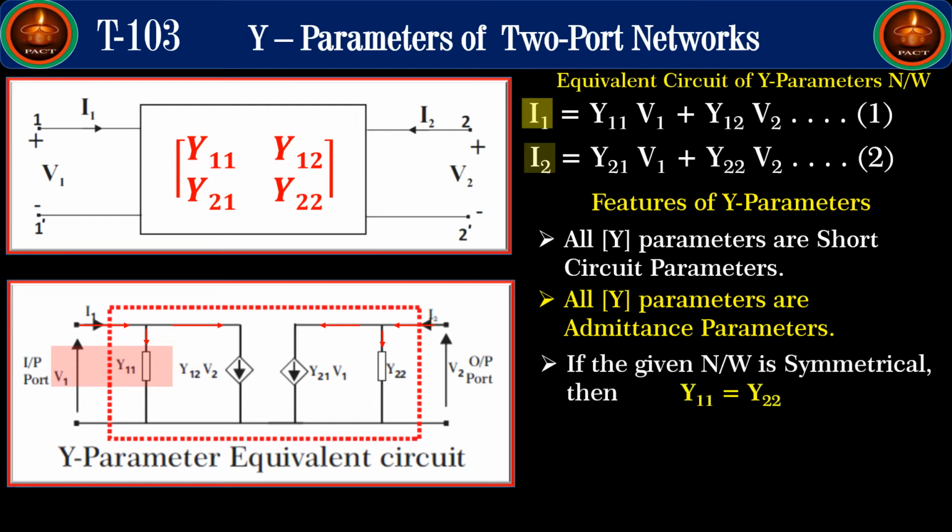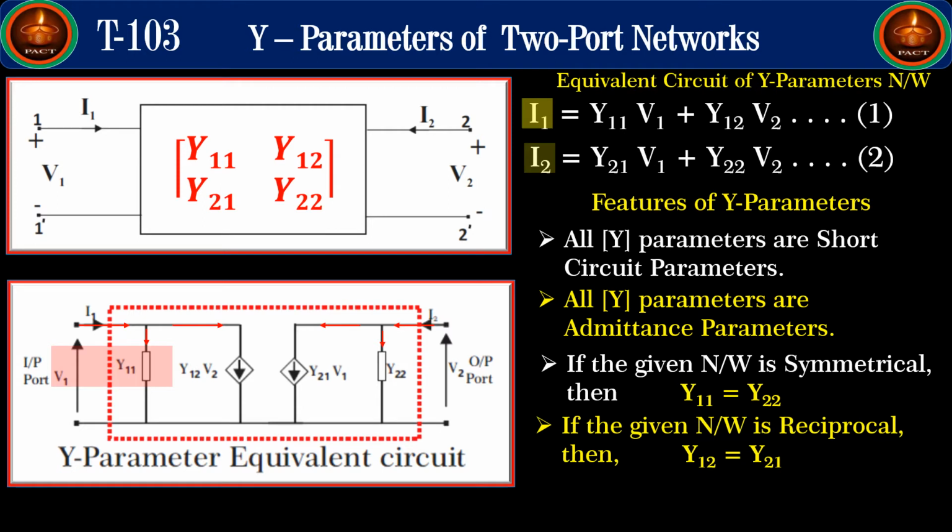Now you see that if the given network is symmetrical, you know how to find the symmetry property of the given network. So if the given network is symmetrical, then y11 will be equal to y22. Similarly, if the given network is reciprocal, then y12 is equal to y21.